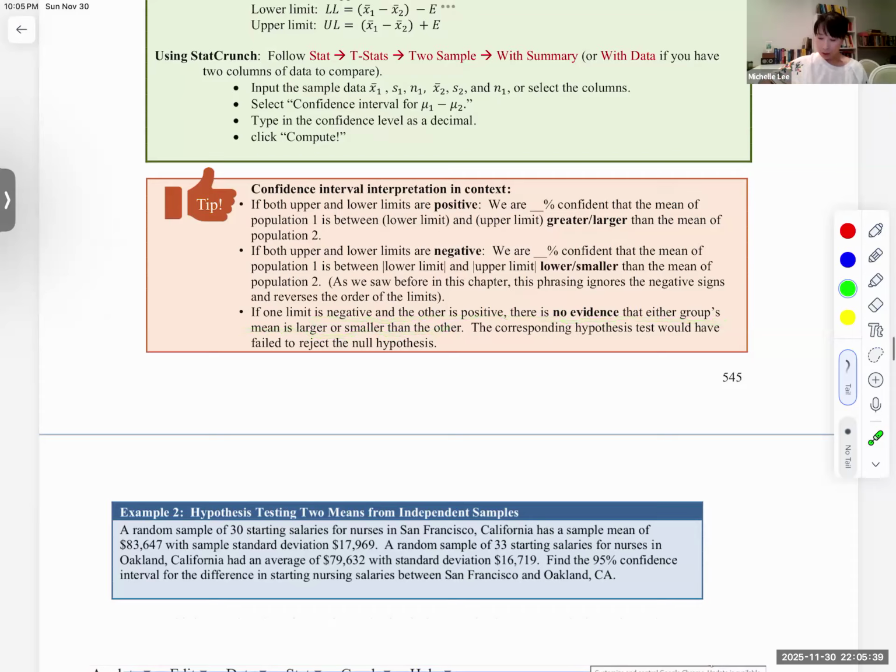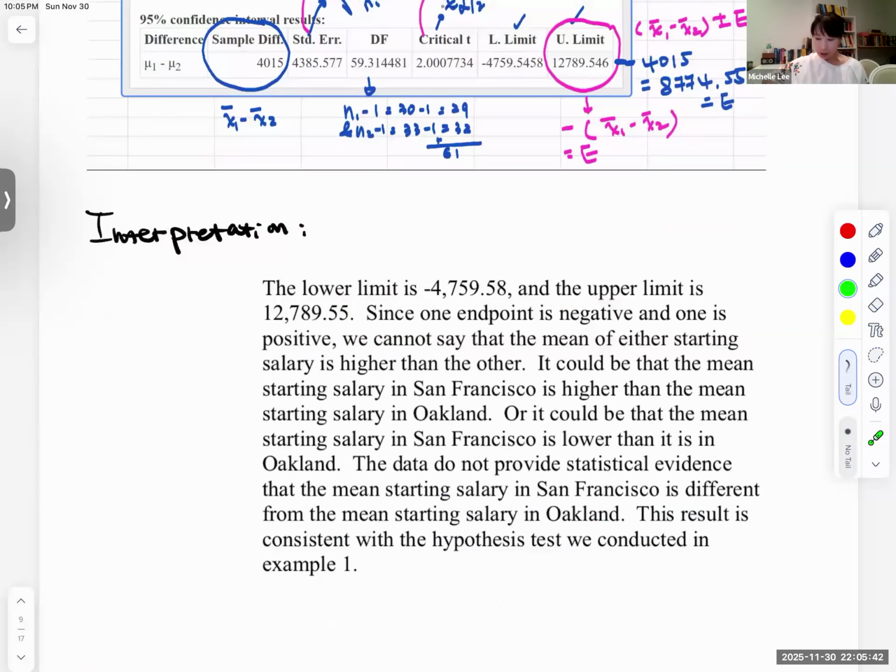We cannot say whether San Francisco is higher than Oakland or Oakland is higher than San Francisco. They say this result is consistent with the hypothesis test we conducted in example one. What was the hypothesis test? We failed to reject the null hypothesis, because there is insufficient evidence to support the alternative hypothesis.